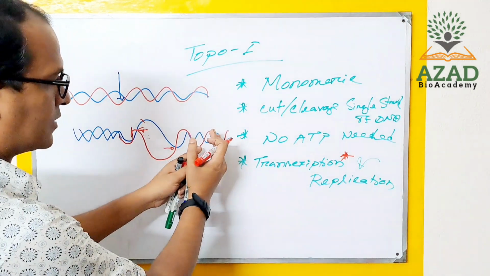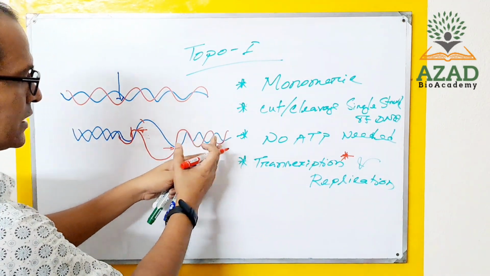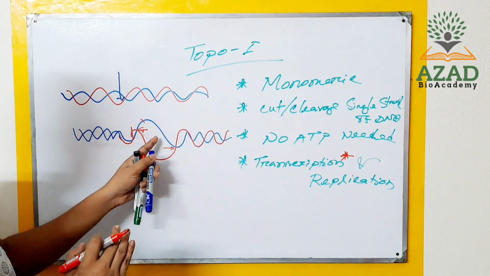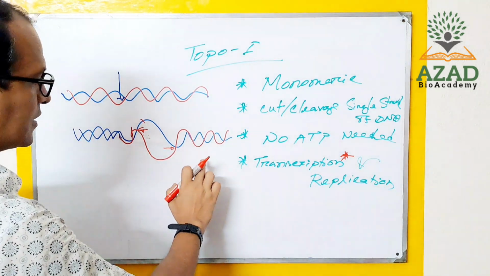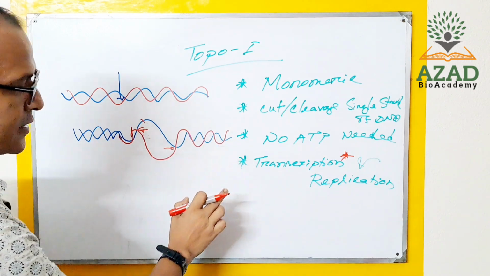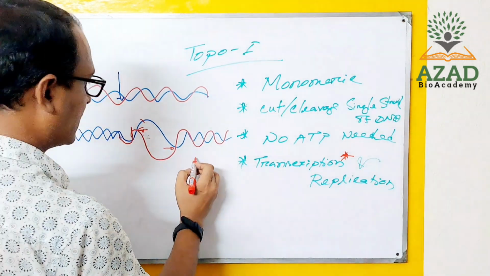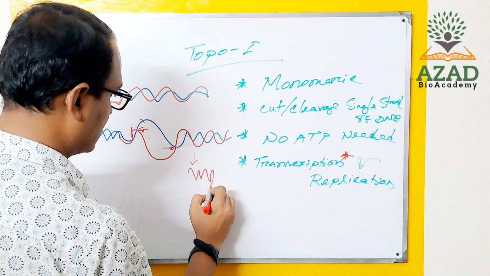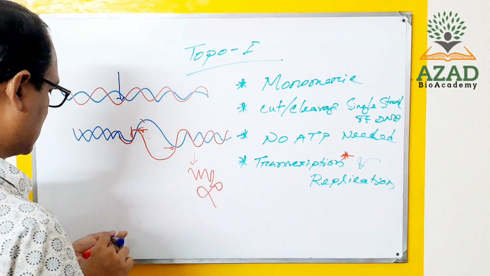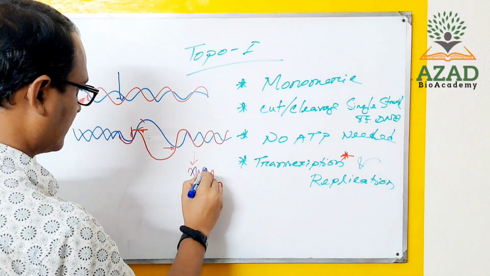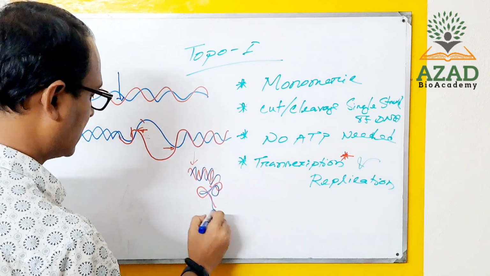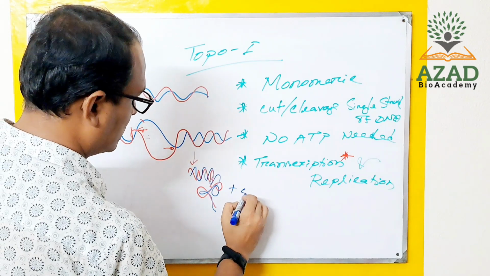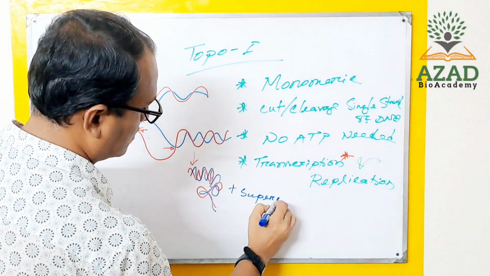The compactness will happen, torsion will increase, and finally a tangle or knot will form before the replication fork, and that orientation is just like right-handed DNA. So here that will form a structure like this. Very compact and finally a tangle. So this is called positive supercoiling.